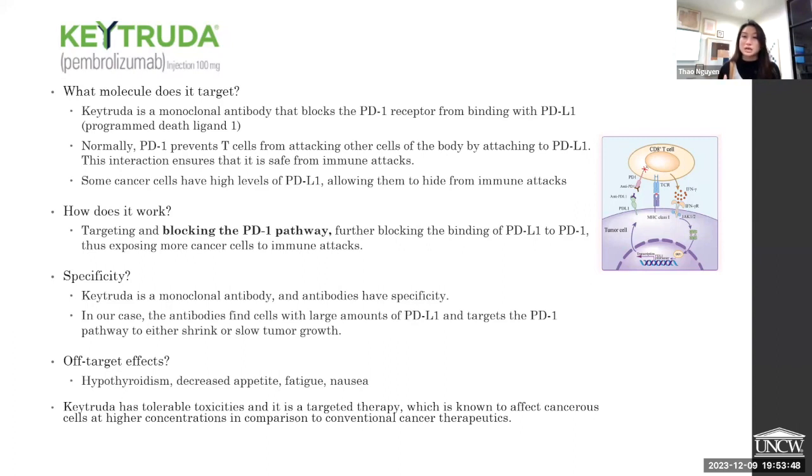And this interaction ensures that the cell is safe from immune attacks. And Keytruda counteracts this by targeting and blocking the PD-1 pathway, which further blocks the binding of PD-L1 to PD-1, thus exposing more cancer cells to immune attacks because they can no longer hide.